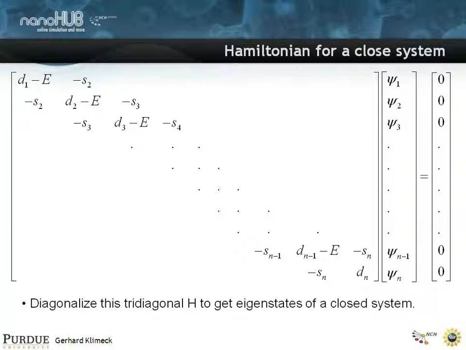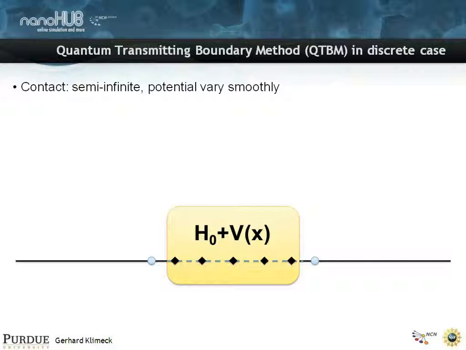If you do an eigenvalue calculation, that's what you would calculate. That would be a typical closed system matrix. There's nothing open on the left, nothing open to the right, it's just a discretized space. Now what you want to do is connect this closed system to something that's open.